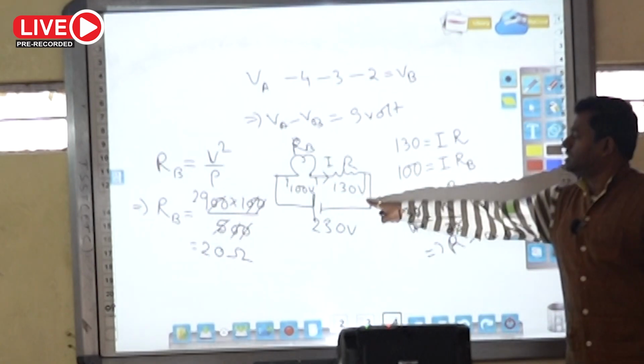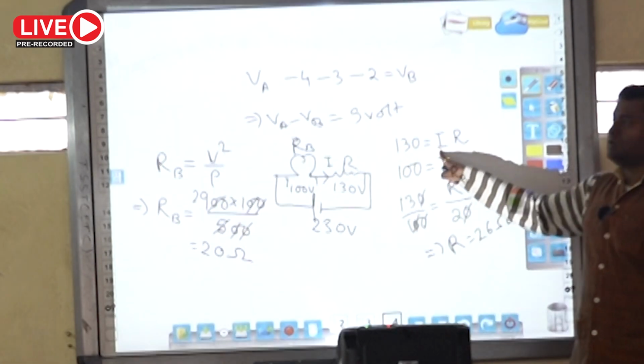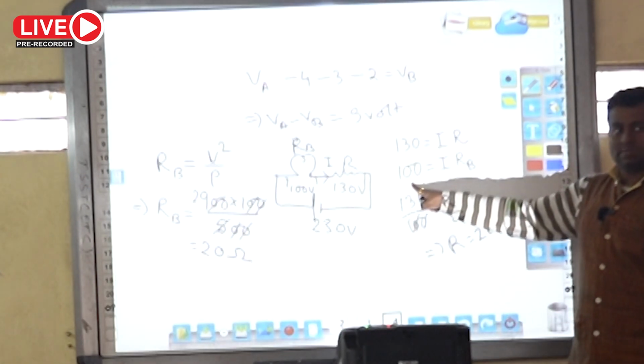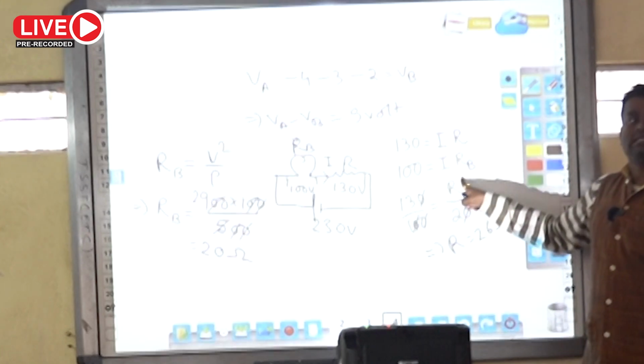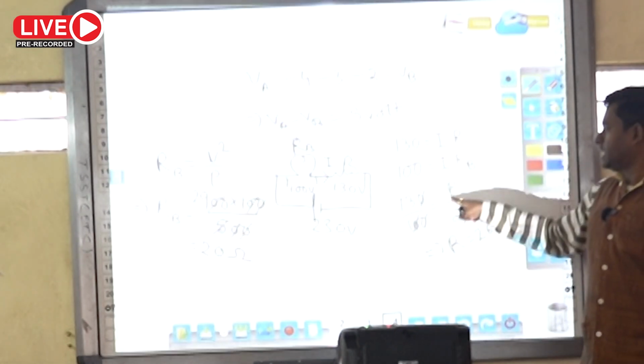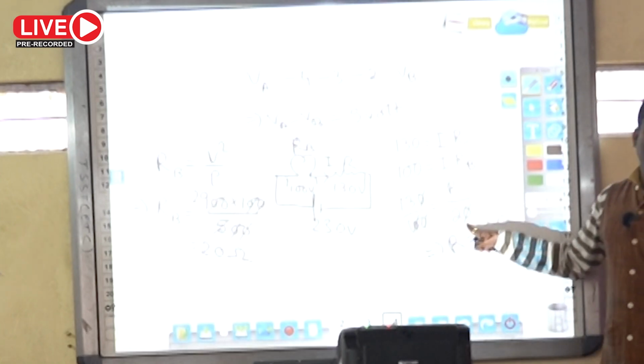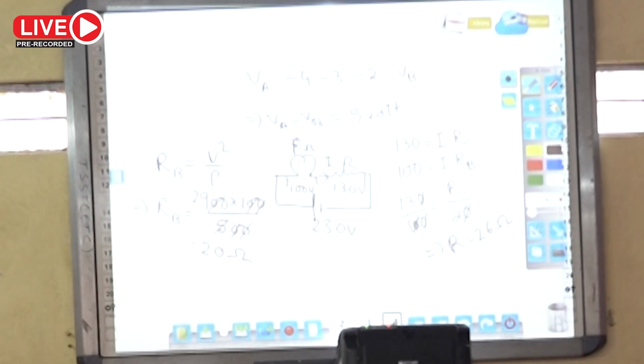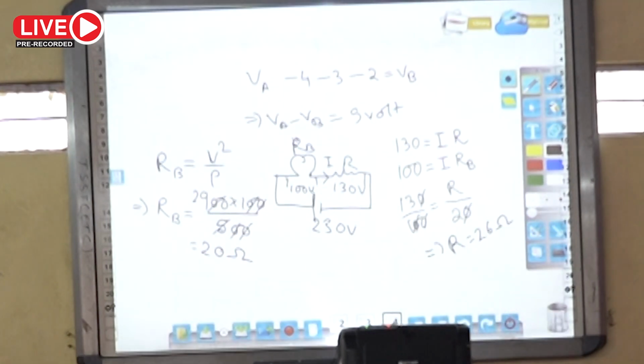So 130 volt across this resistance equals current through the resistance into resistance. Similarly, 100 volt across the bulb equals current through the bulb into resistance of the bulb. Then I divide these two to cancel I, and RB is already calculated, 20. So you have to find out the unknown resistance R. Next one is very easy, do it.